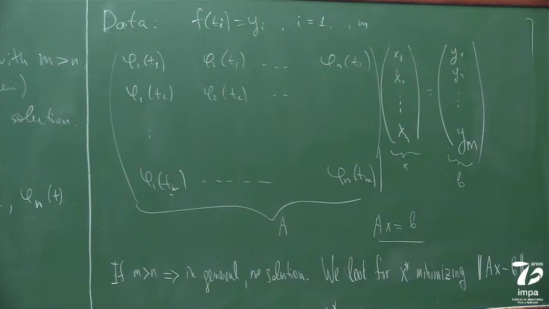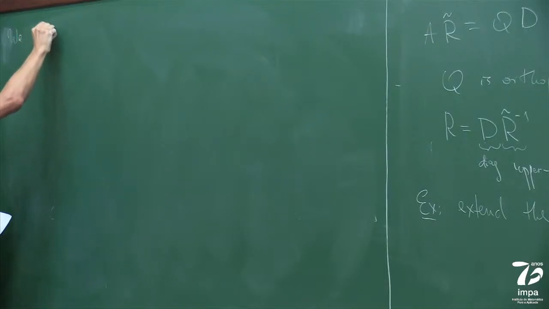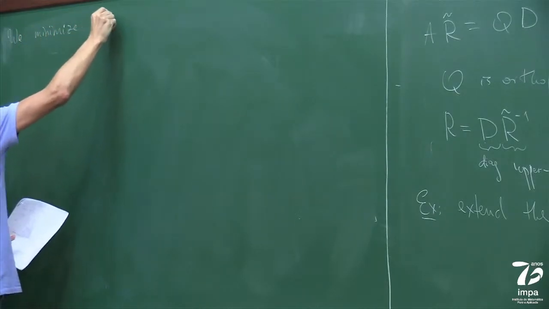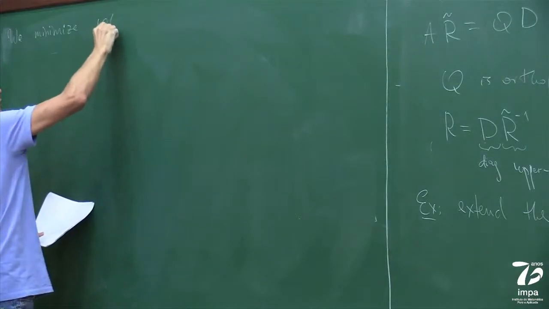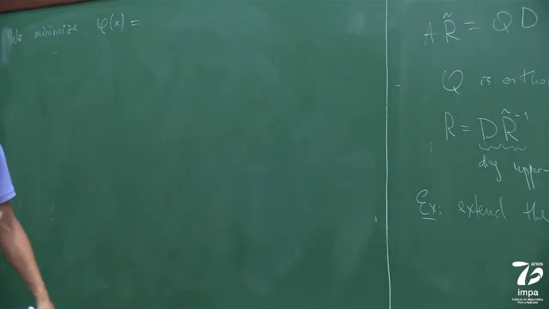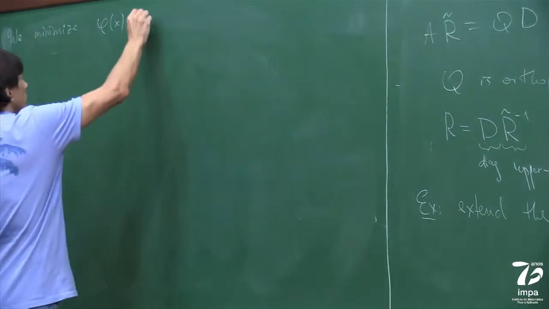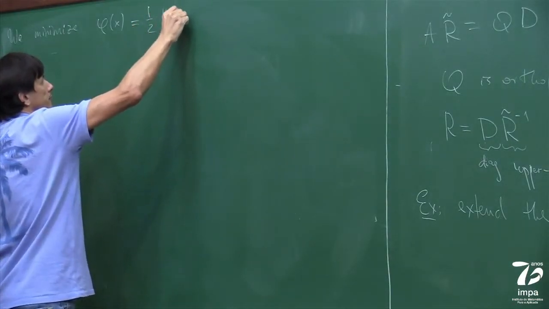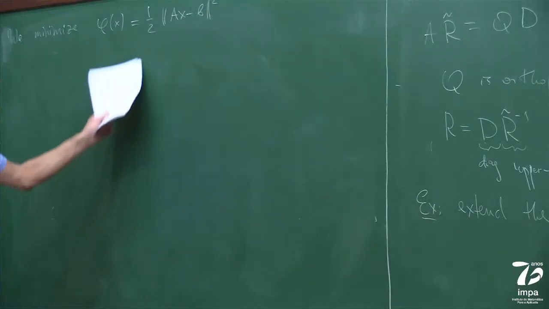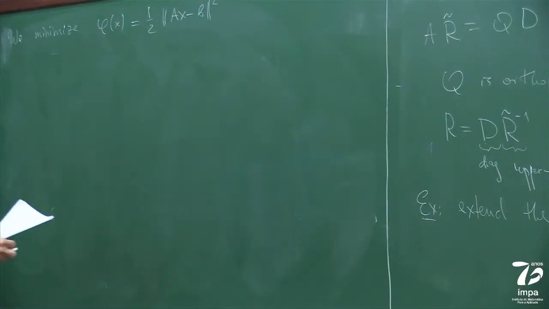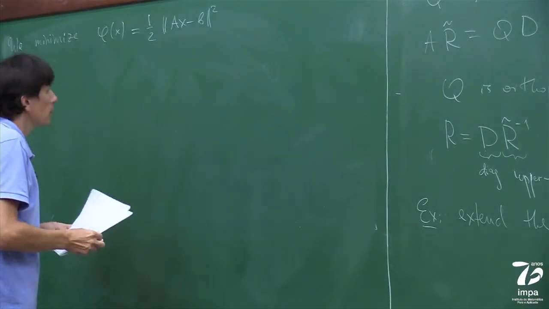Okay. So why should QR be used in this part? First, let us solve this problem directly. We want to minimize the function phi of x, which is this norm, but instead of minimizing the norm, it's better to minimize the square norm, and we took 1/2 for convenience.